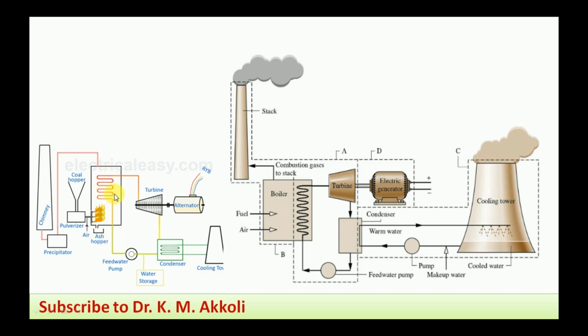Then the steam generated inside the boiler, where the flue gases from the furnace are flowing, is expanded in the turbine, and the shaft of the turbine is connected to an alternator or generator, and from that the electricity is generated. Then the low temperature and low pressure steam coming out of the turbine is condensed here, and from the condenser the water goes to storage, and from the feed water pump, feed water storage is usually provided for some power plants.